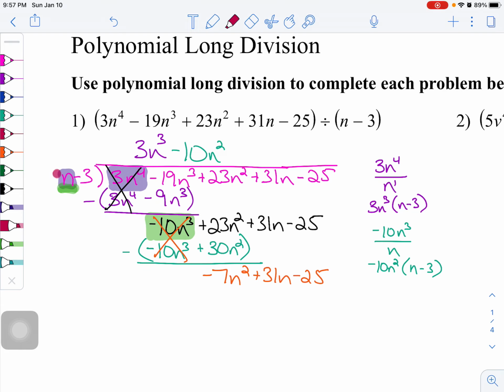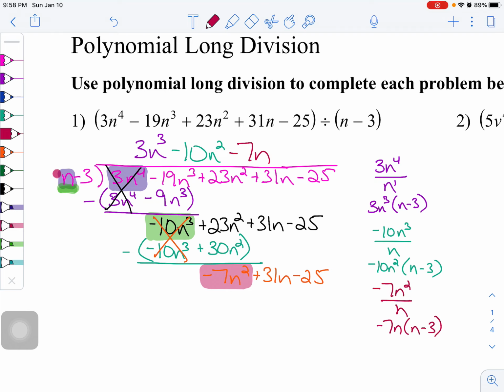All right, so now I'm going to take this n value. I'm going to put a little pink dot next to it. And I want to divide into this leading term. So negative 7n squared. Let's see, let's go with this one. So negative 7n squared divided by n would be negative 7n. I'm going to multiply.